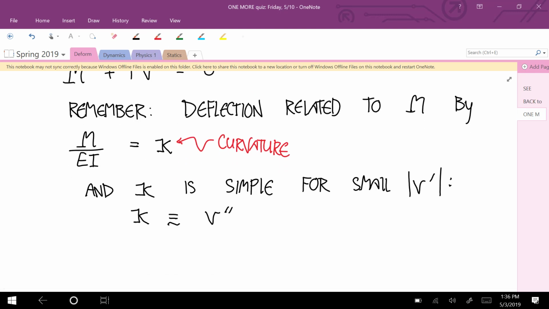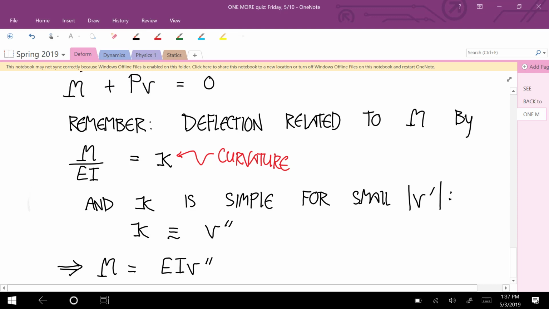Okay, so if kappa is equal to the deflection double prime, then the fact that the curvature is equal to M over EI says that the bending moment is equal to EI times deflection double prime.